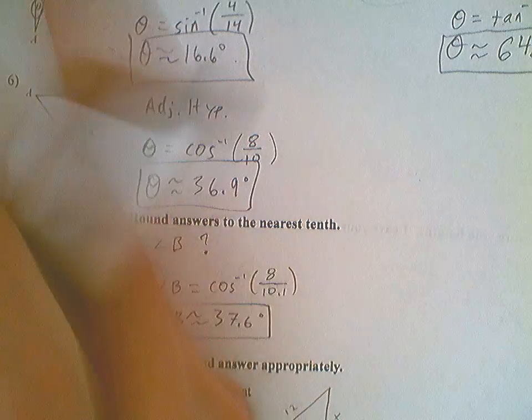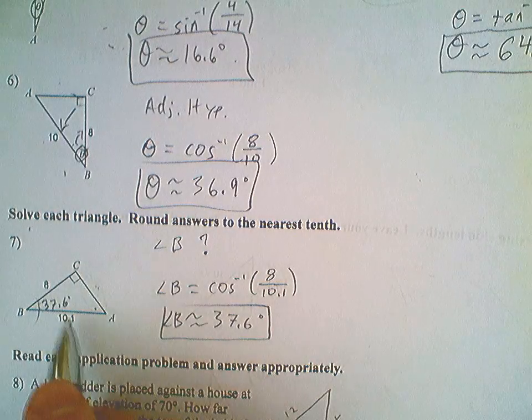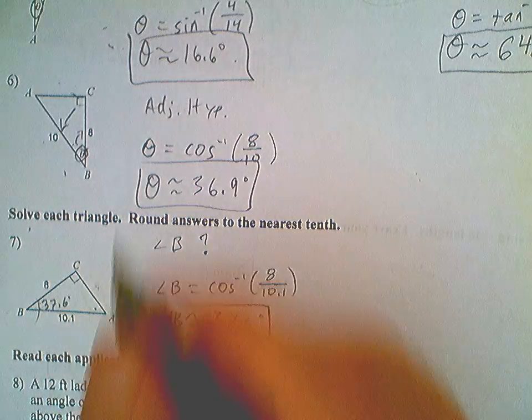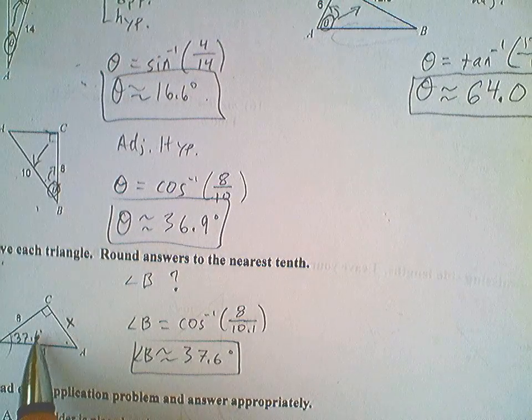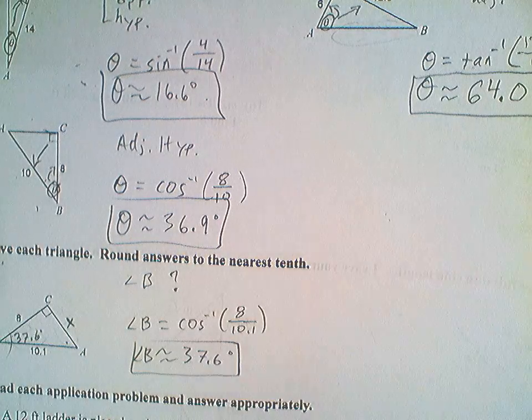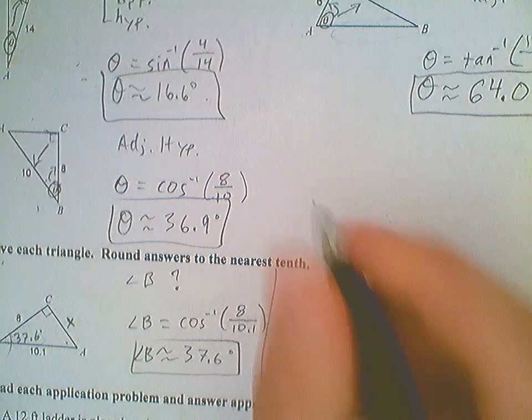Now, let's go ahead and use it to find this other side here. I'm going to label this side X, and I'm going to use that angle I just found to help me find X.